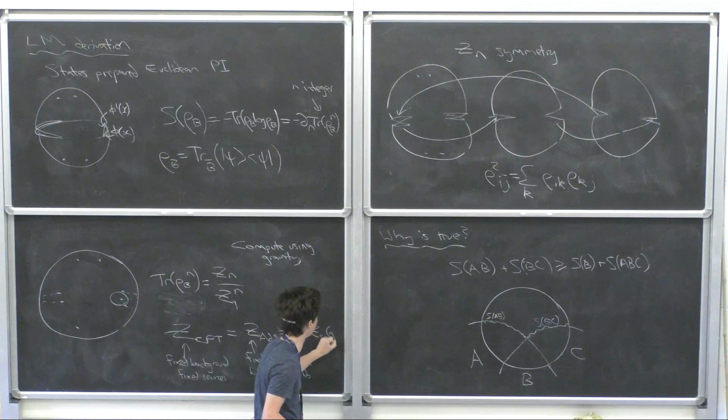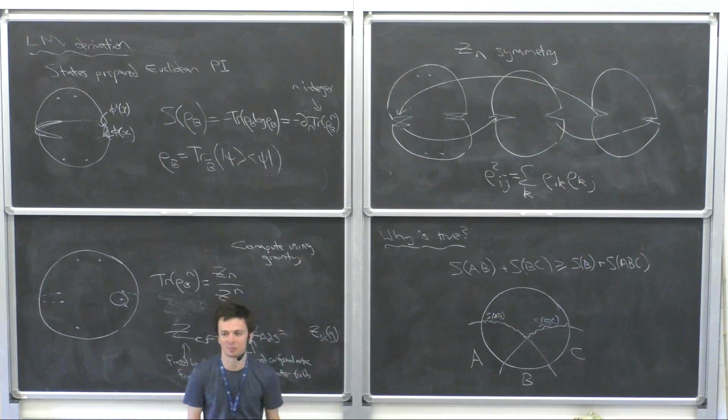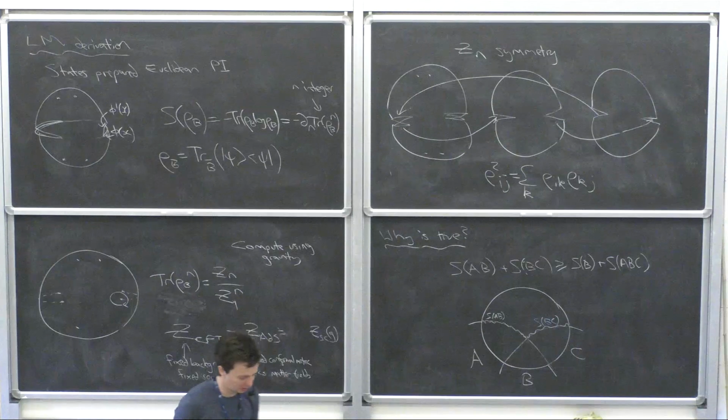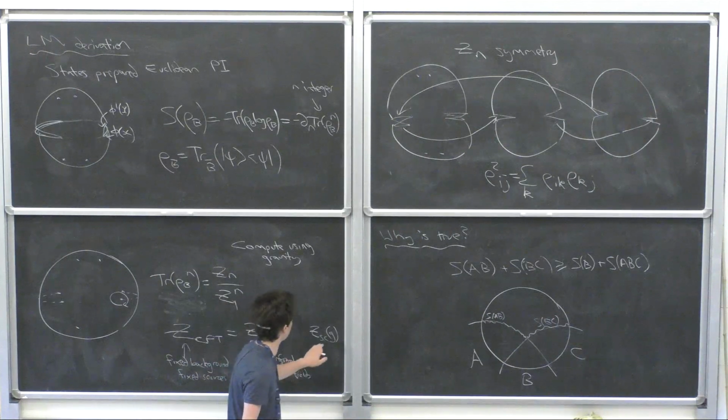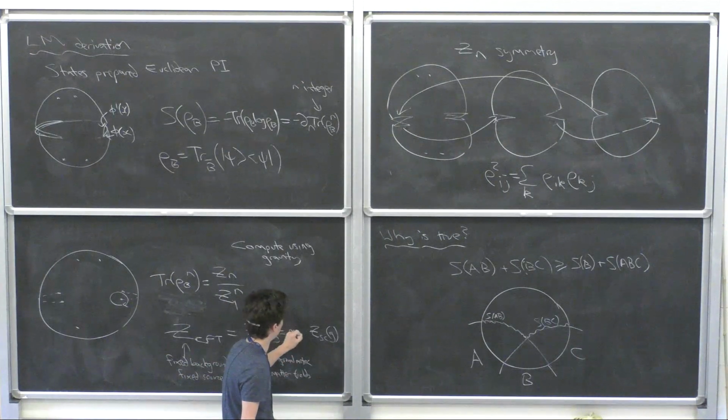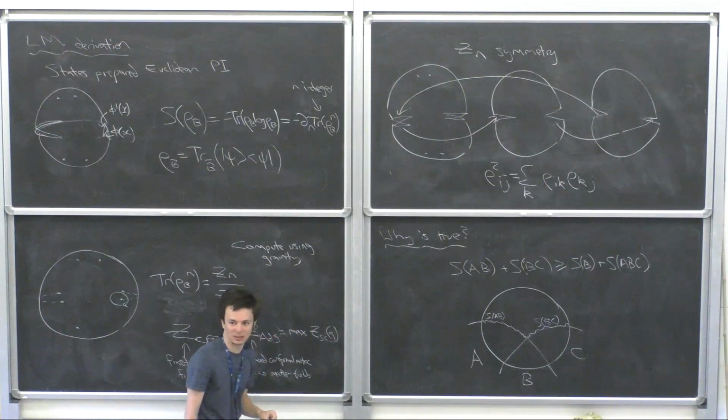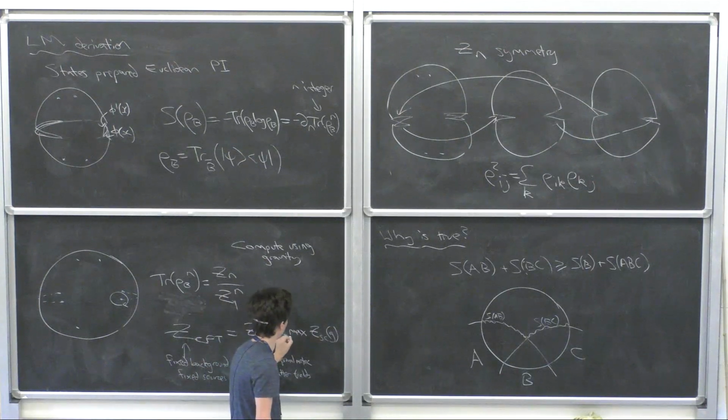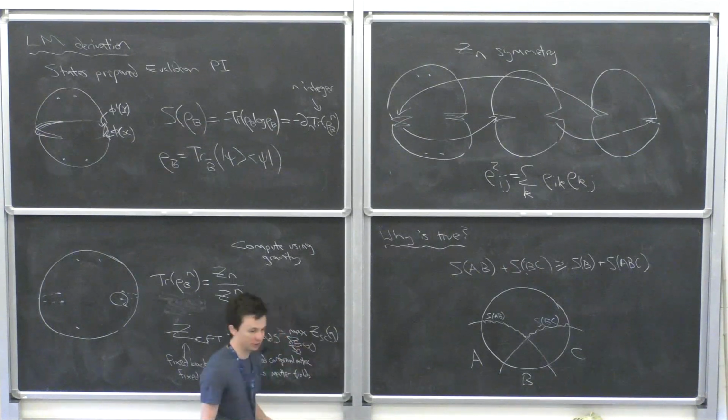So Z semi-classical with some fixed particular geometry G, okay? And then we're just going to look for the largest such semi-classical partition function such that it's a saddle point with respect to G, i.e. dZ semi-classical/dG is equal to 0.